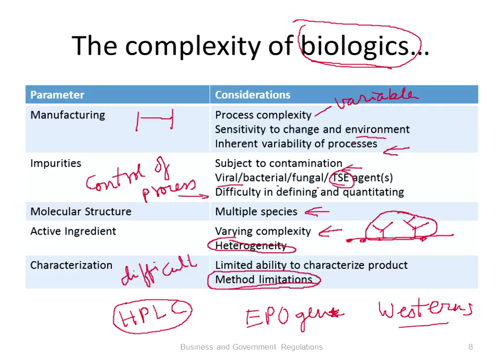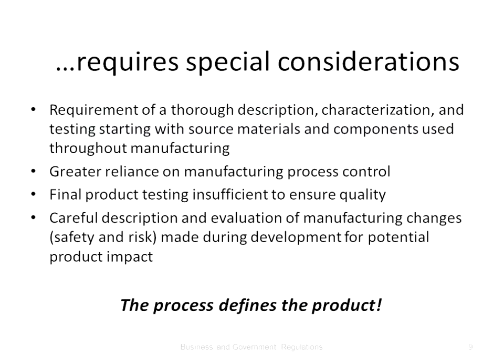And one of the things that I want to make sure everyone understands is that we cannot simply base our CMC section on analysis of the product alone. So analysis of the product is not sufficient.